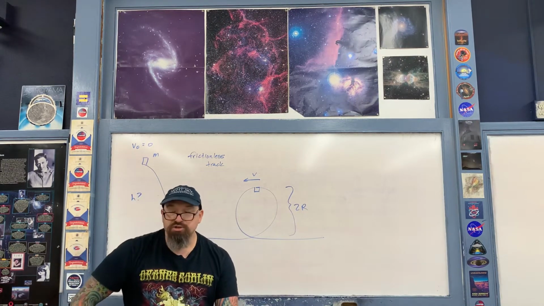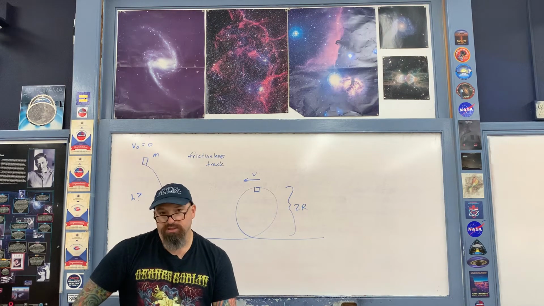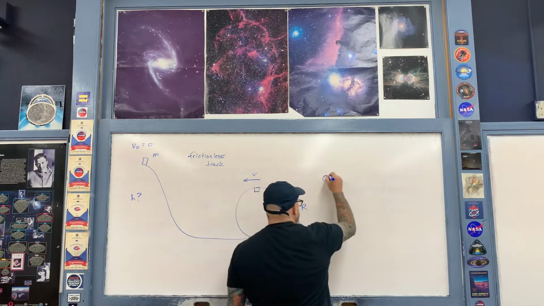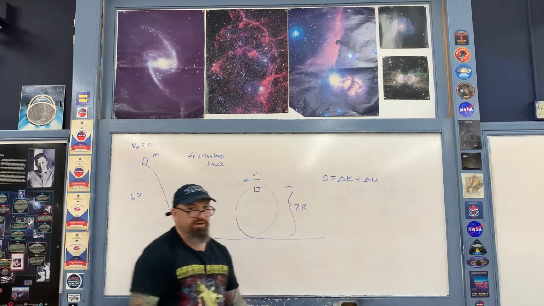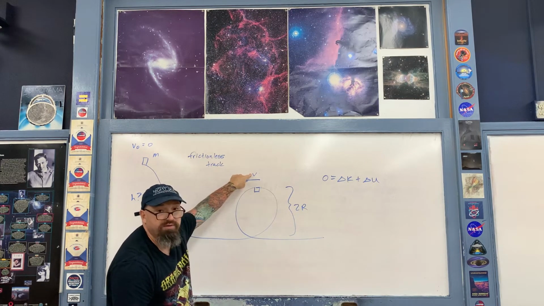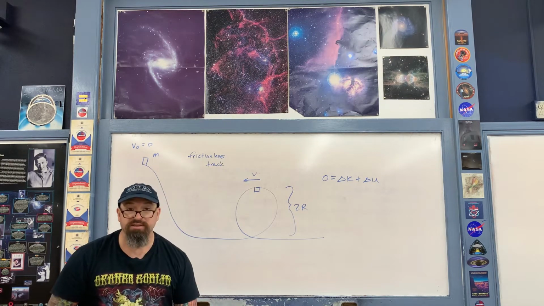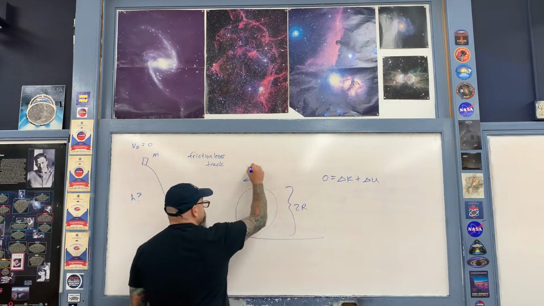Okay, now because the energy is conserved, let's just begin by writing out our conservation of energy equation and see what it tells us. So we have 0 equals delta K plus delta U, and then we just have to fill in all of our terms. So right here, first of all, is our final kinetic energy with this unknown speed v, and by the way, this speed v, as it does say in the problem, is the minimum safe speed to safely make it through the upside down loop.